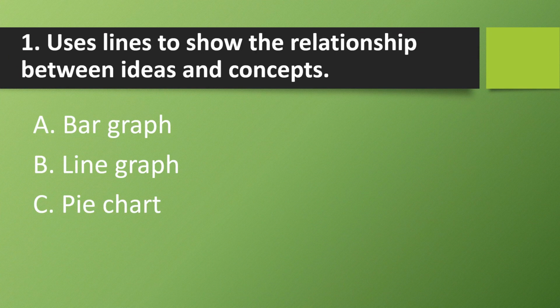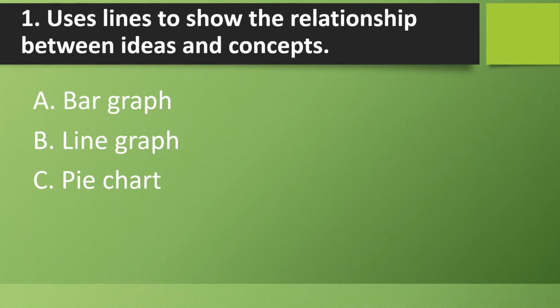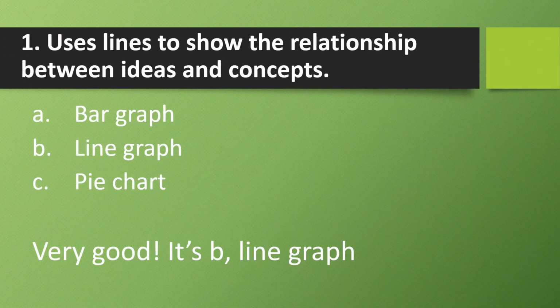Uses lines to show the relationship between ideas and concepts. Letter A, bar graph. Letter B, line graph. Letter C, pie chart. What's your answer for number 1? Very good. It's B, line graph.